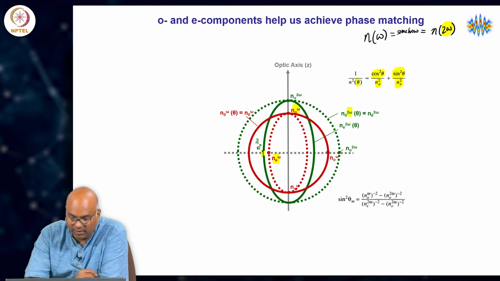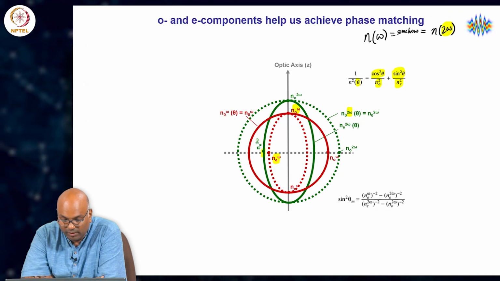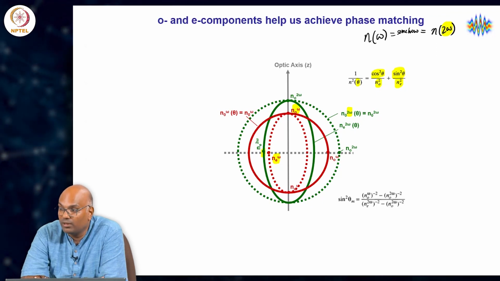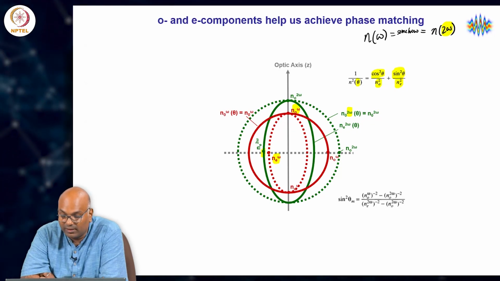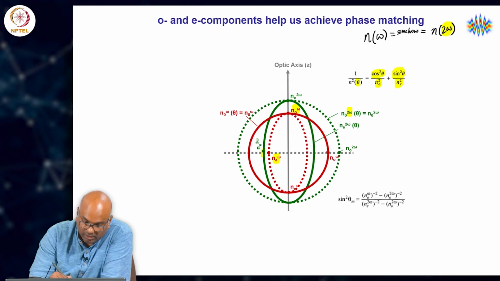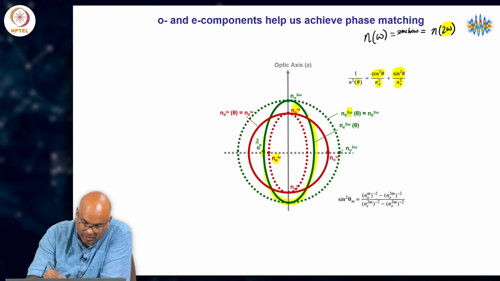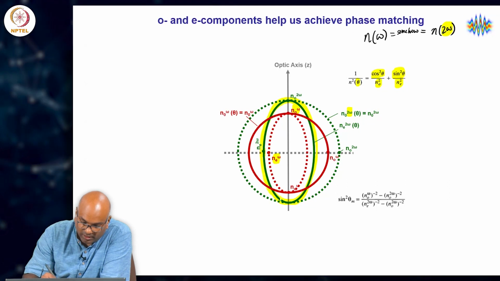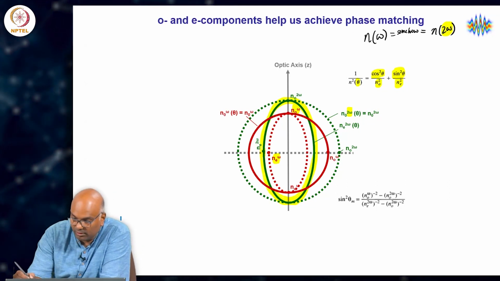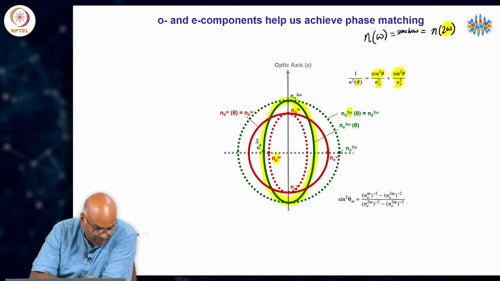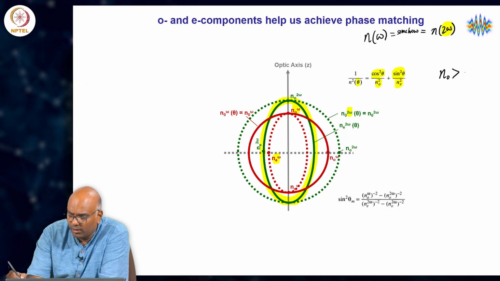is less than No at 2 omega, then all the values of refractive index n of theta for 2 omega will lie on this ellipse, right. This is a scenario where in particular for this medium No is greater than Ne.